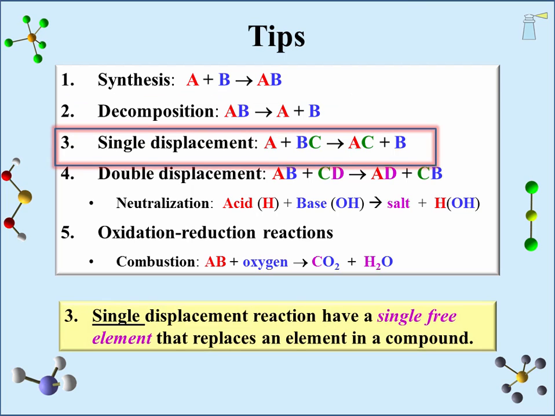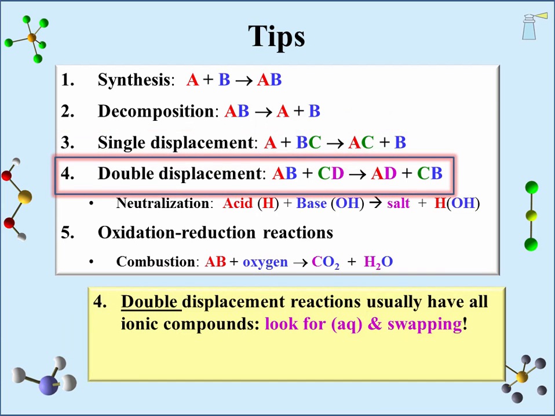Single displacement reactions have a single free element in the reactant that replaces an element in a compound. Double displacement reactions usually have all ionic compounds. Additionally, look for the subscript aq, since swapping of cations and anions will usually take place while they are dissolved in water.